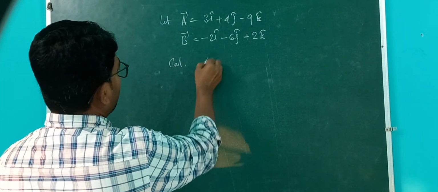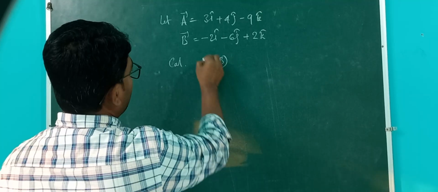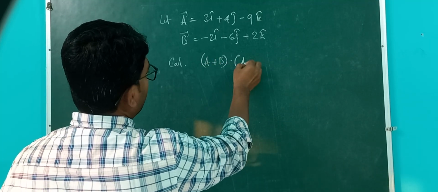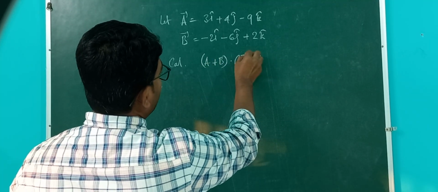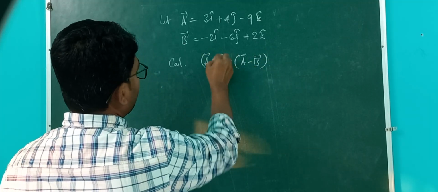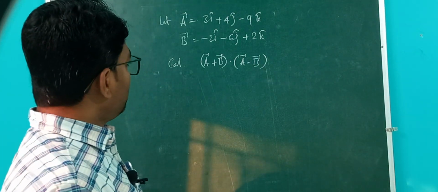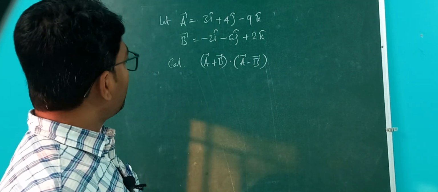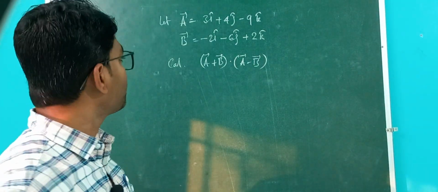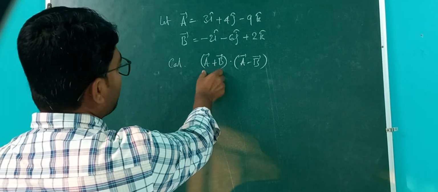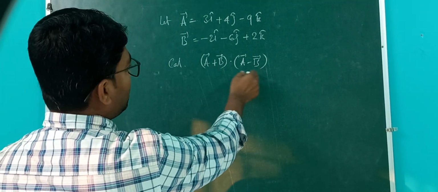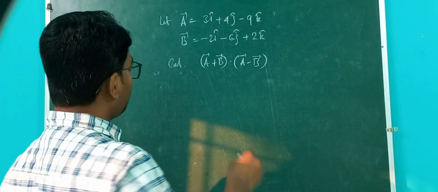Calculate A plus B dot A minus B. We can solve this problem in two methods. First, calculate A plus B, then A minus B, and then take the dot product. That is the first method.